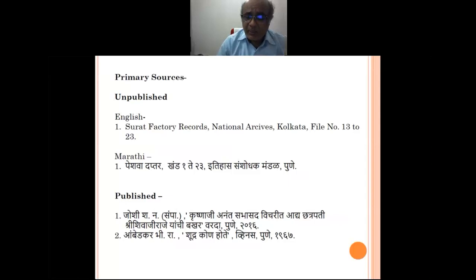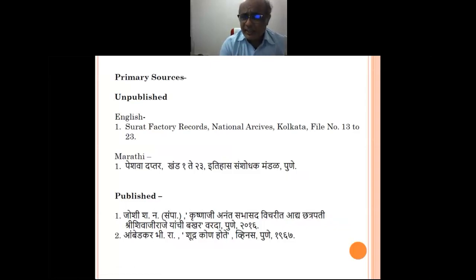You have to write the name of the person who has edited it, Joshi, Shana, Sampadit, edited. And then this is the primary source, Krishnaji Ananta Sabhasad Vicharit Adya Chhatrapati Sri Shivaji Raja Yanchi Bakhar. This is the title given on that Bakhar, and it is published by Varda Publishers. Varda is a well-known publishing house, so you just write the name Varda. It is published from Pune in 2016.